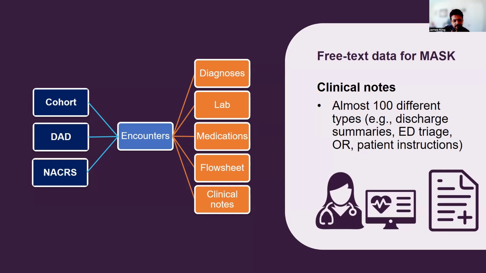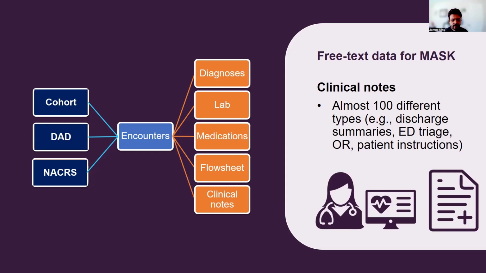So this is another consideration when we think about the encounters that can come in through the Clarity data. When we think of the more typical administrative healthcare database type studies, where you're looking at things like the Discharge Abstract Database or DAD or the National Ambulatory Care Reporting System or NACRS, we can think about finding those encounters there, or even just taking from one of those data sources and thinking about what other information we can now capture through this free text information.